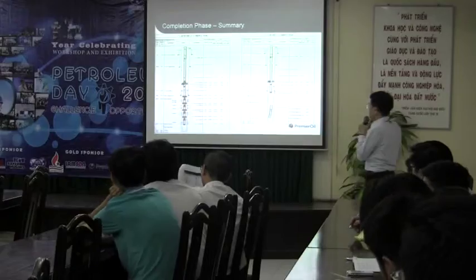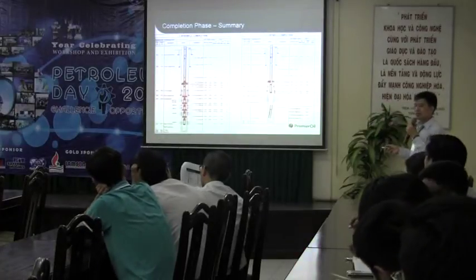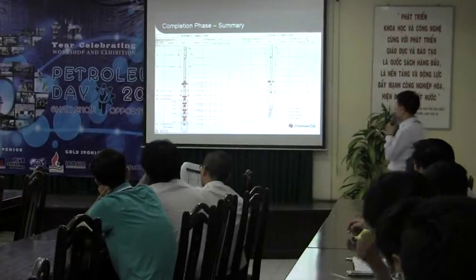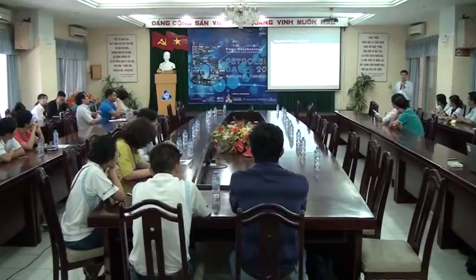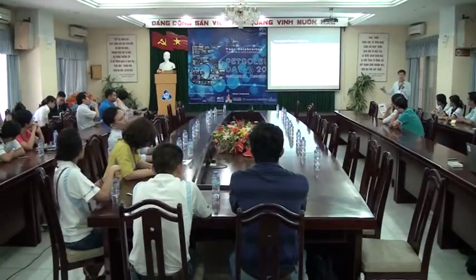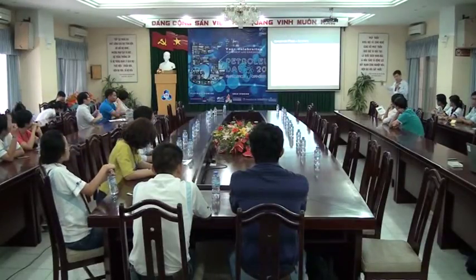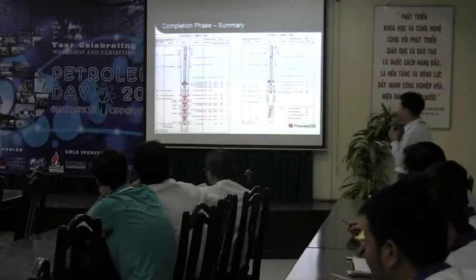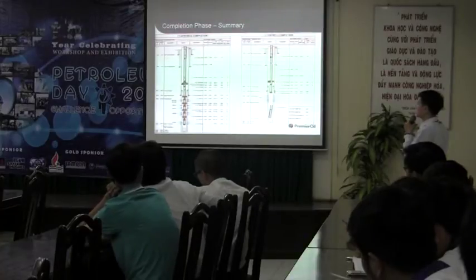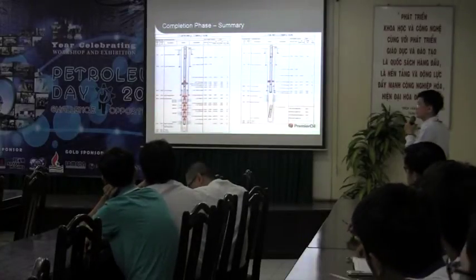Here it looks quite complicated, but you can imagine the production string is the string of all the valves, all the packers and all that. The purpose is just to get the oil out of the formation. Of course, before that, we have to perforate the formation through the casing.